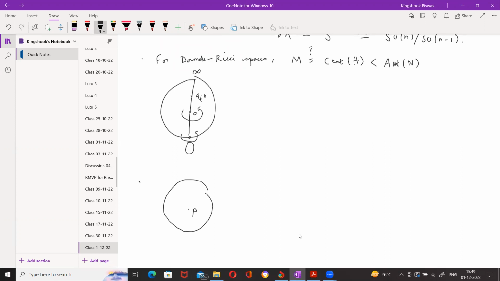So if this is P and you take two points on the boundary, xi and eta, then you have unique geodesic rays going up to xi and going up to eta. And theta P of xi eta is the angle between these two geodesic rays. So theta P of xi eta is defined to be theta, which is in the interval 0 to pi. Okay. And so this theta P is a metric on the boundary of M.